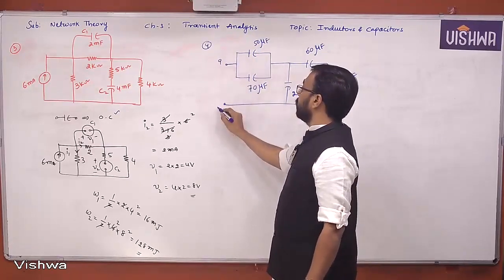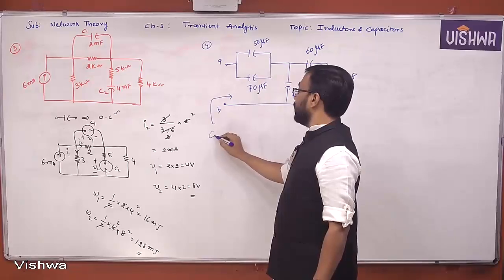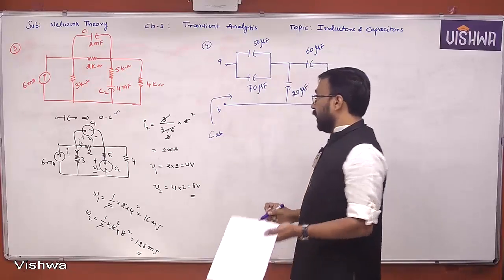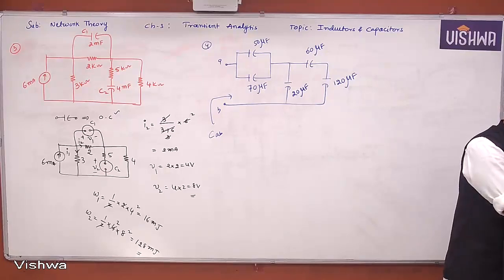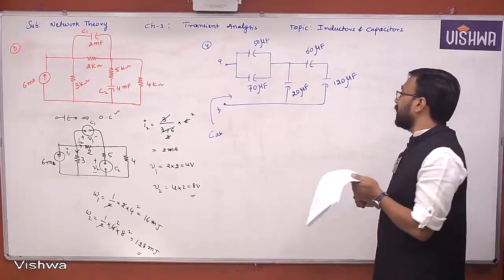It is asking what is C equivalent or CAB. Equivalent capacitance across AB terminals is another simple problem. Okay. So what is that? How do you find?